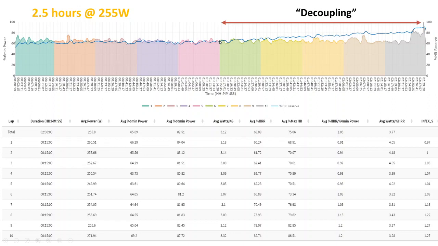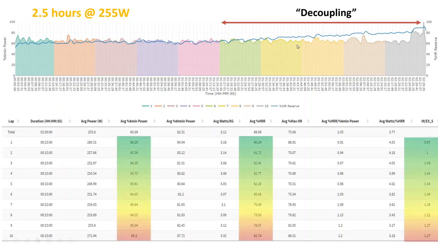So that's that decoupling, and I can assure you that during this stage things are feeling more challenging, and it feels tougher and tougher and tougher despite the same workload. All right, so the question then becomes, how far should I go down this decoupling path?